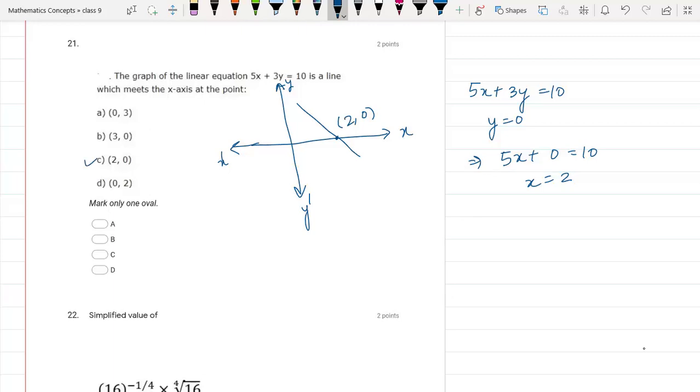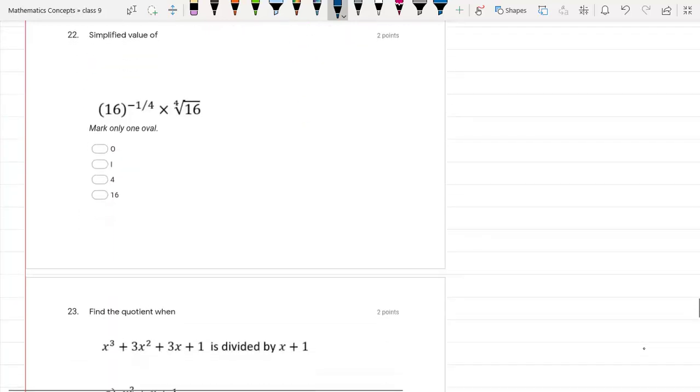Then simplify the value of 16 power (1 minus 1 by 4) into 16. It is root 4, right?